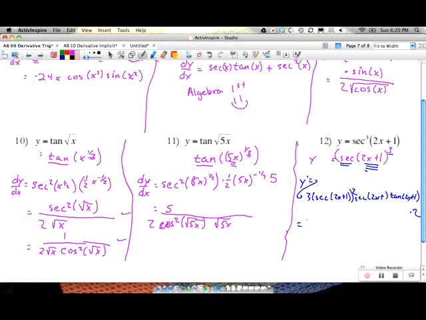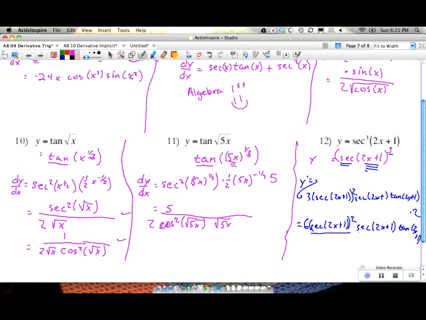This 2 and this 3 are constants. They can be combined to make a 6. Now I'm going to have secant 2x plus 1 squared. So I still have to have that. Secant quantity 2x plus 1 squared. Or secant squared, I guess. Right. Then we have secant 2x plus 1 times tangent 2x plus 1.